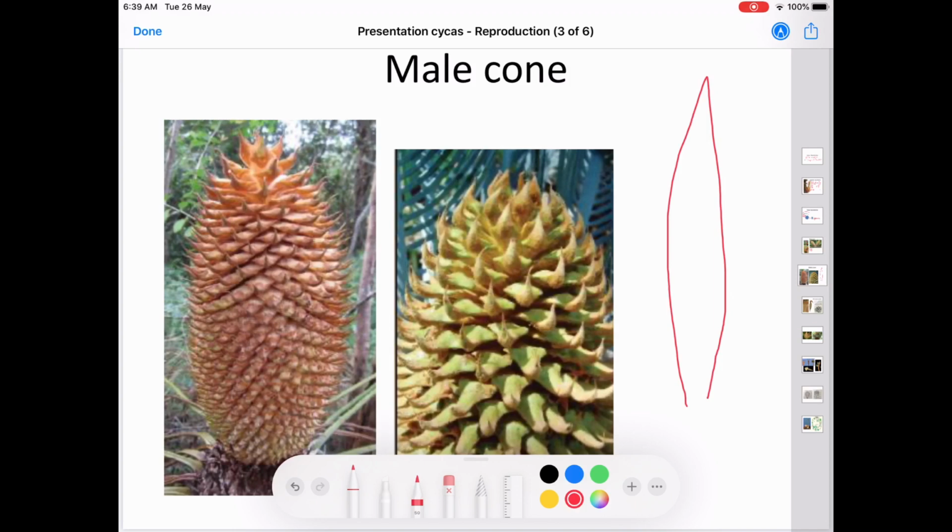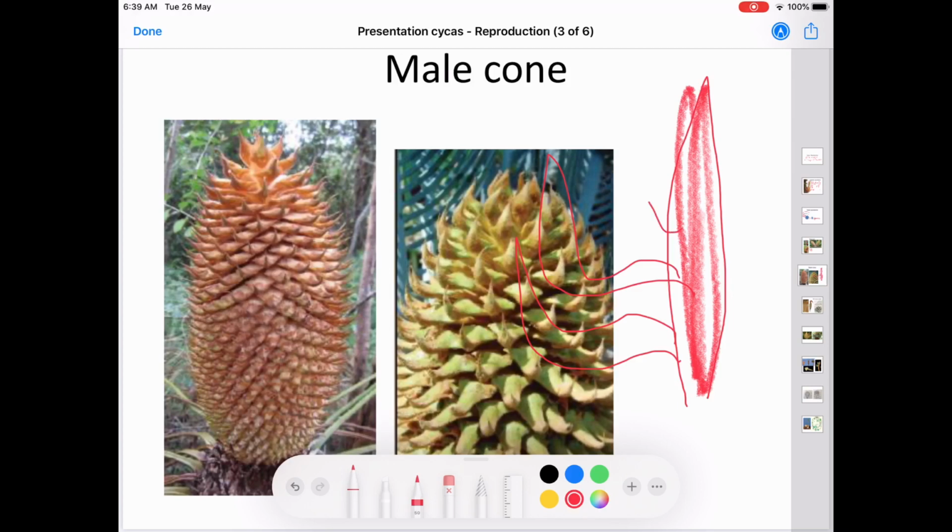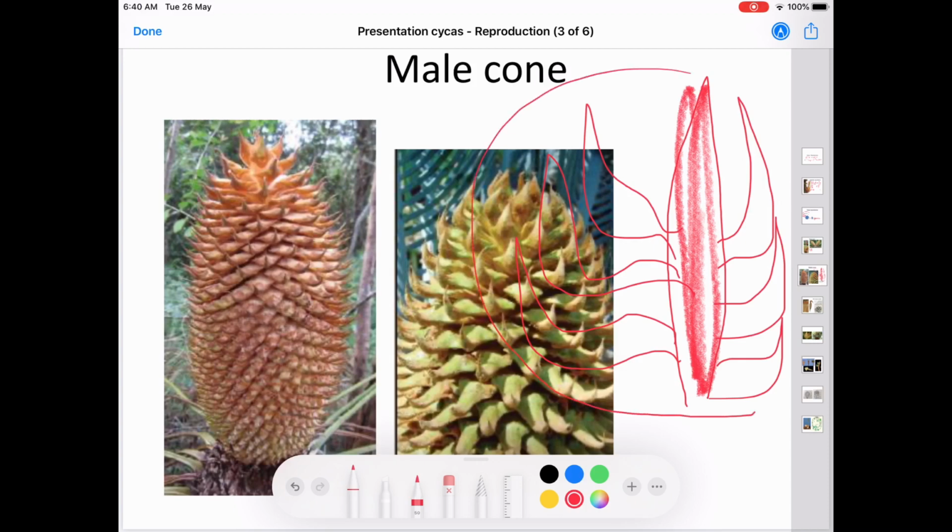That is, the cone is carrying a central axis, and on the central axis, numerous microsporophylls are spirally arranged like this. And the structure altogether is named as a male cone or the male strobilus.